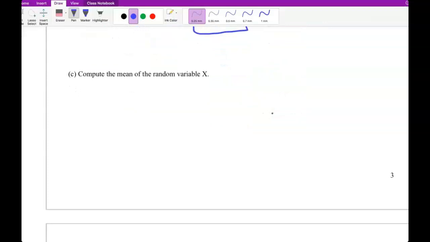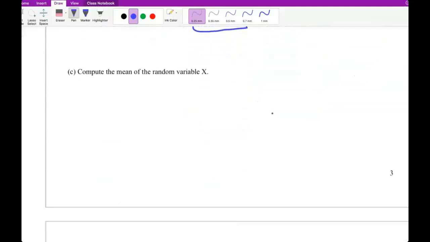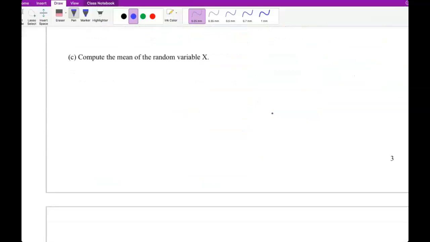Then part C, find mean of random variable x. So we already got the answer on part A, but on this part I want to use calculator instead. So I use calculator or TI-84.